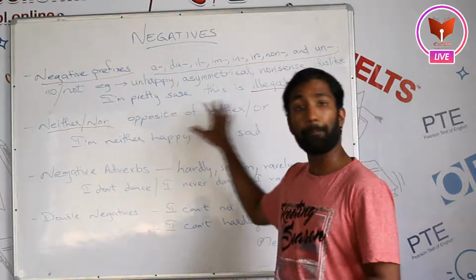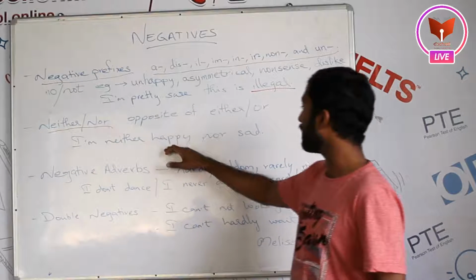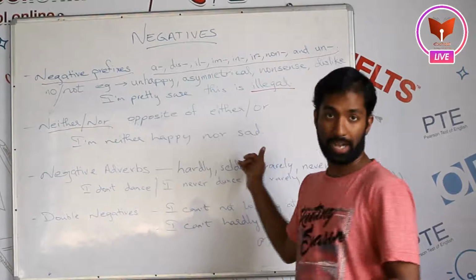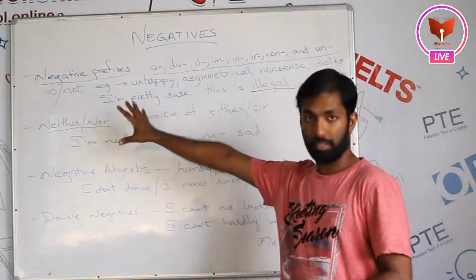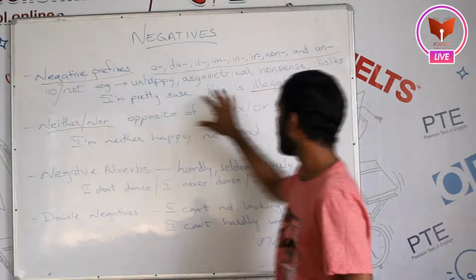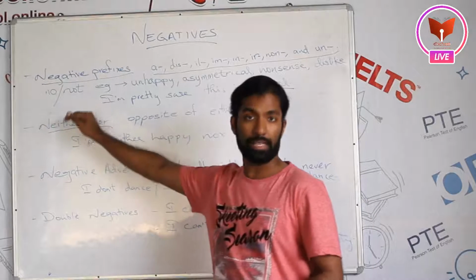You cannot mix and match these two. You can't write I am either happy nor sad, or I am neither happy or sad. These are used together and these are used together. Since we're talking about negatives, I have given an example of neither and nor.